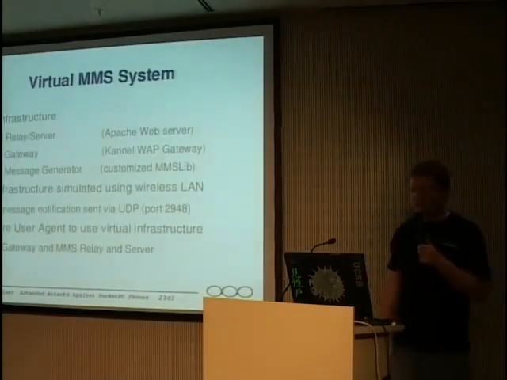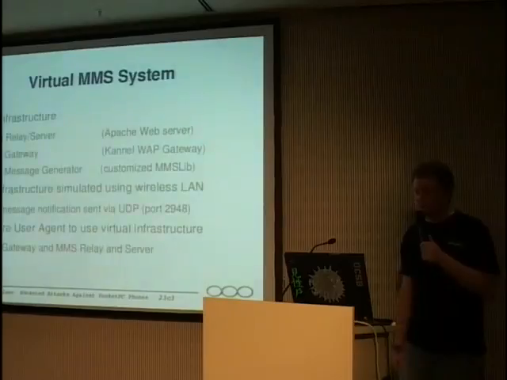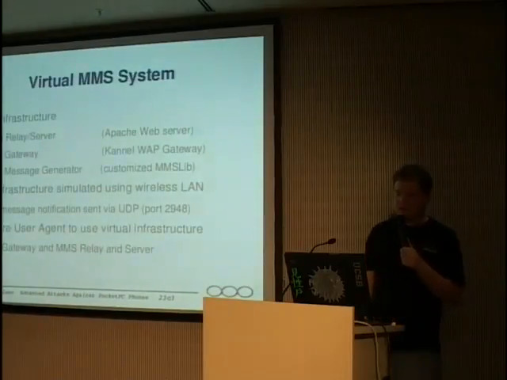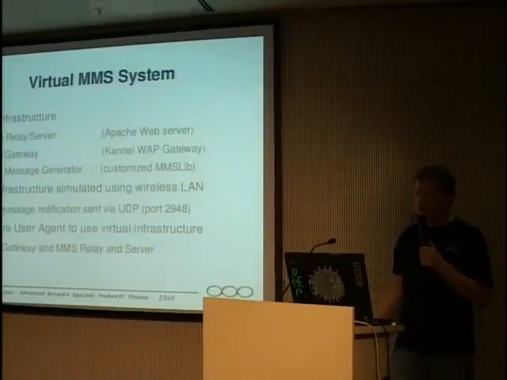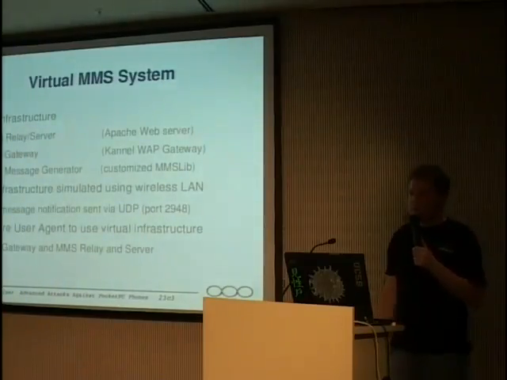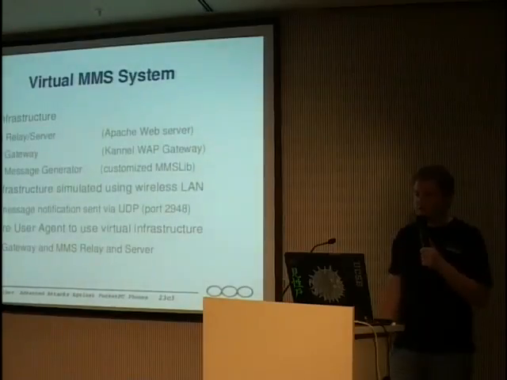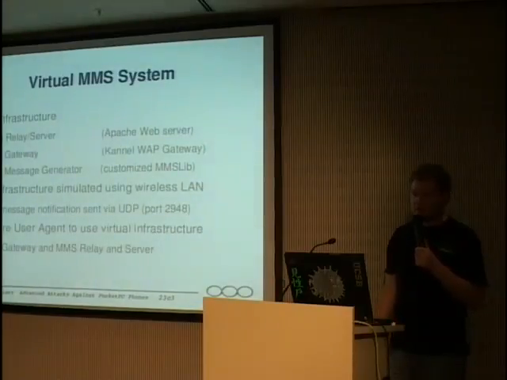Then you generate a message, dump it on the Apache server, take the URL and send it via UDP, and your Pocket PC phone will happily go over wireless LAN to your web gateway and say, get me that URL, and works like it would over GPRS.